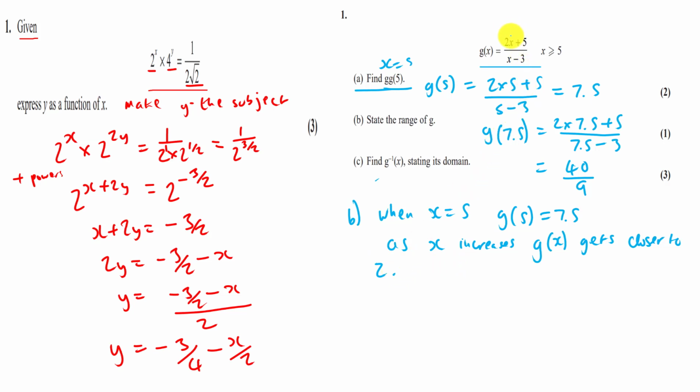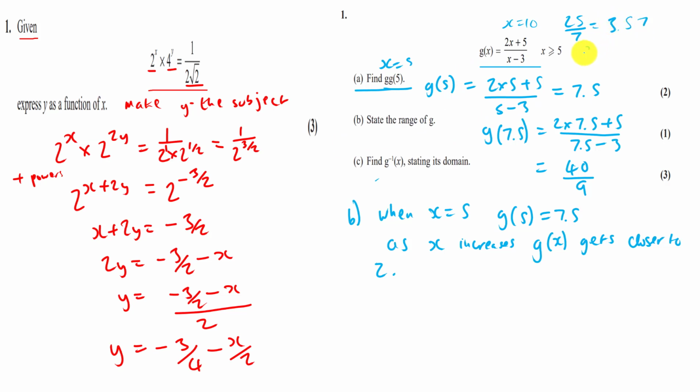Now let's explain that. If you think about it, when x equals 10, g of x will become 25 over 7, which is 3.57.